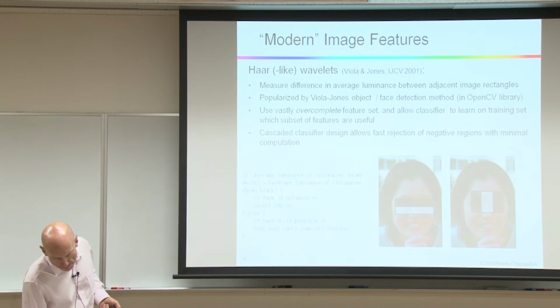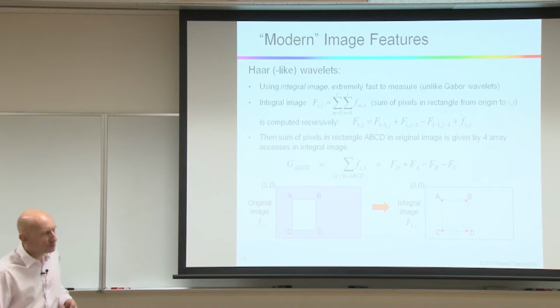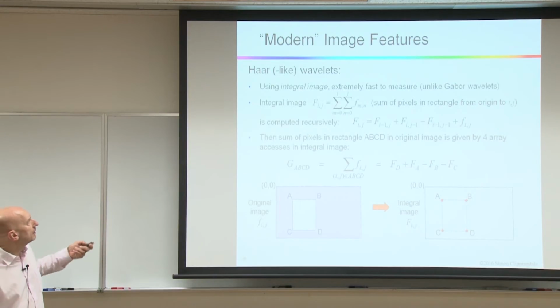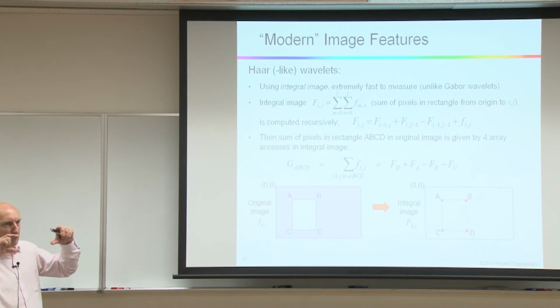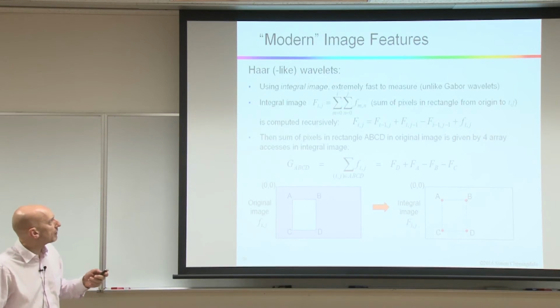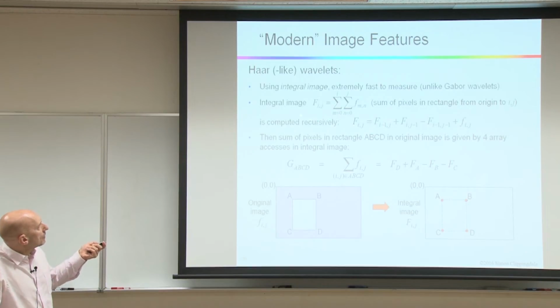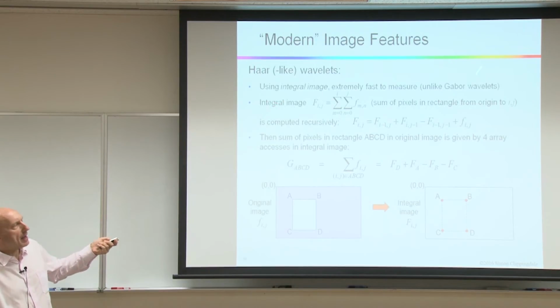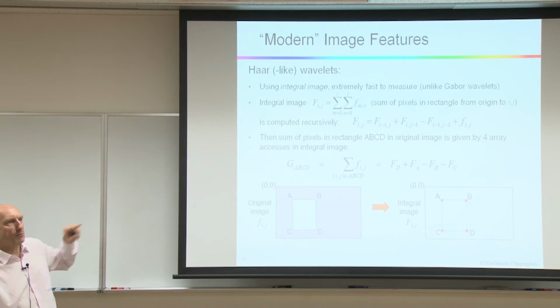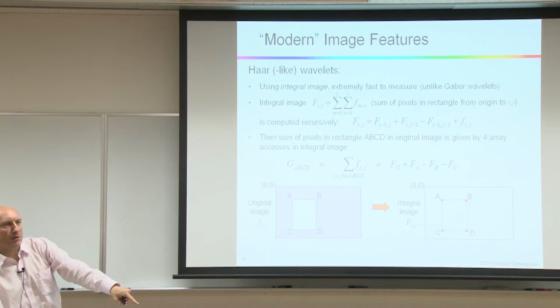Okay, let's move on. So these things can be computed very quickly. Using a thing called an integral image, you can compute the average pixel brightness over a rectangle in your image, which is unlike the Gabor wavelets with all these waves that need floating point maths. So an integral image, what's that? Well, it's the sum of all the pixels in a rectangle from the top left corner of the image to the pixel where you're at.